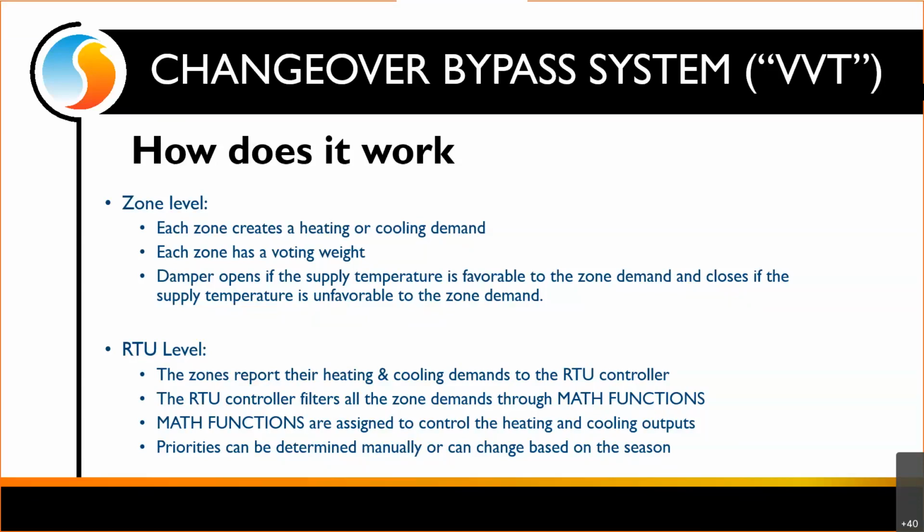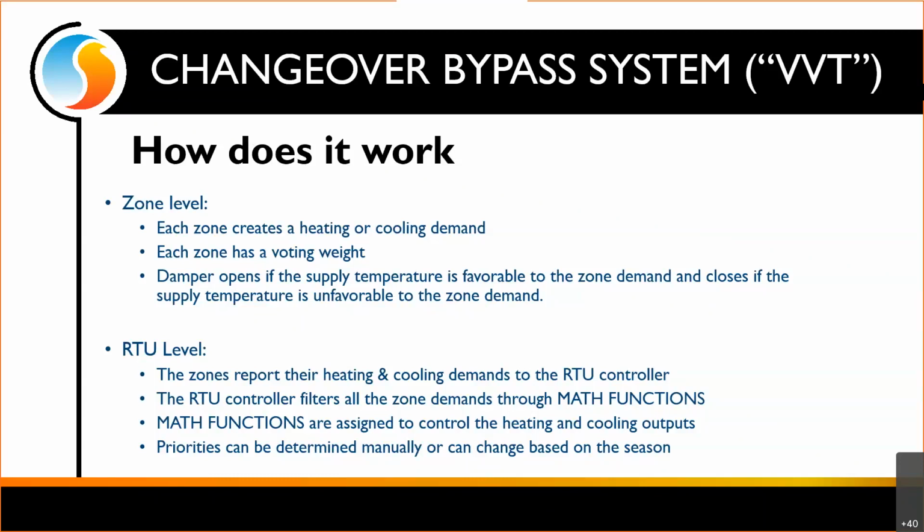And in terms of the damper control, well, the VC2000 or the C1000 VAV controllers, they always try to satisfy the zone demand of their specific space. And how do they do that? All they're doing is they're looking at the supply temperature of the air coming from the unit.